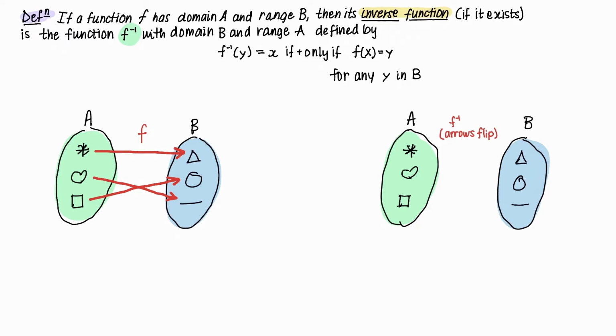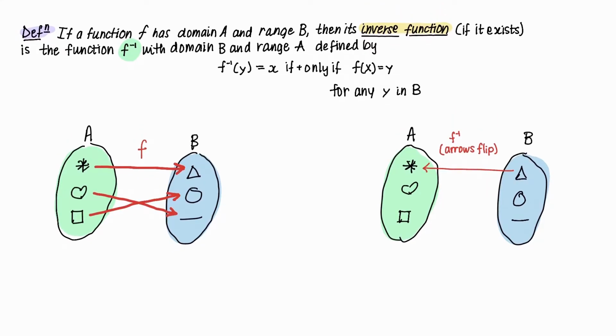So instead of sending star to triangle, we're going to send triangle to star. And instead of sending heart to the line, we're going to send the line to the heart. And instead of sending the square to the circle, we're going to send the circle to the square.